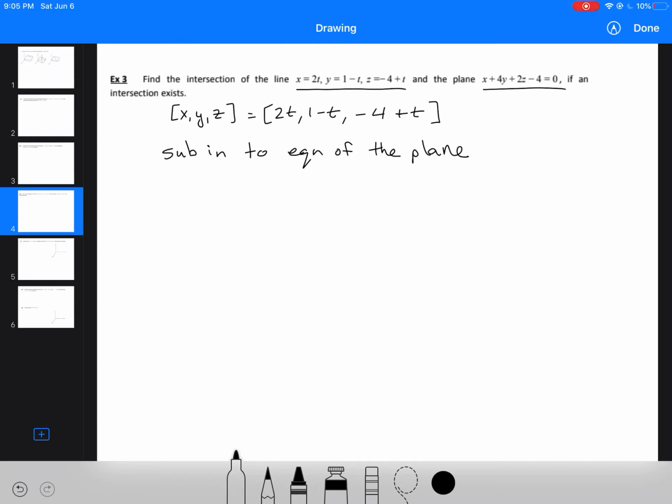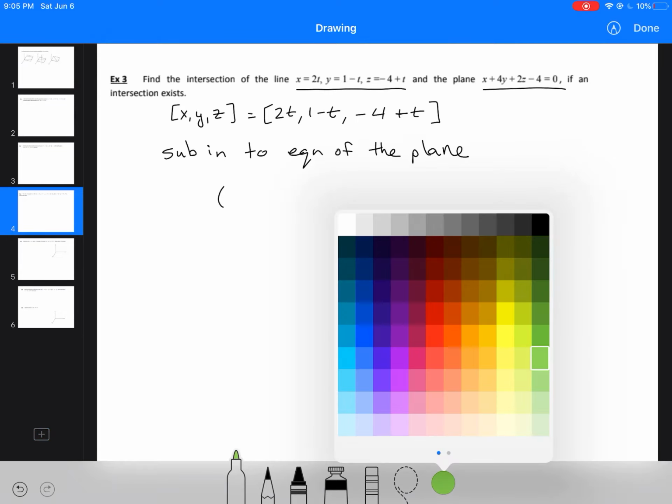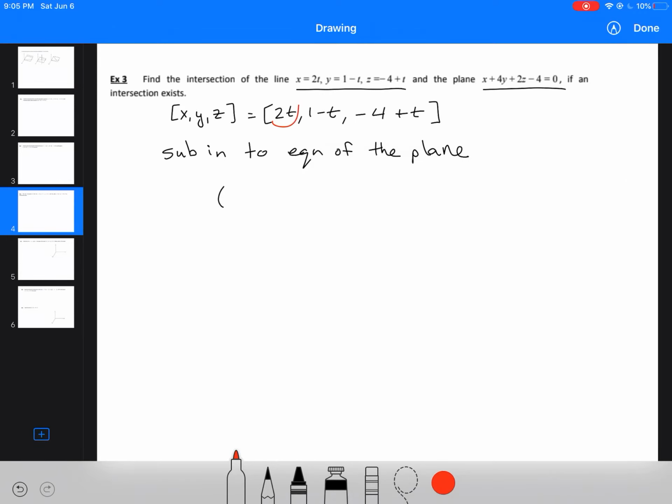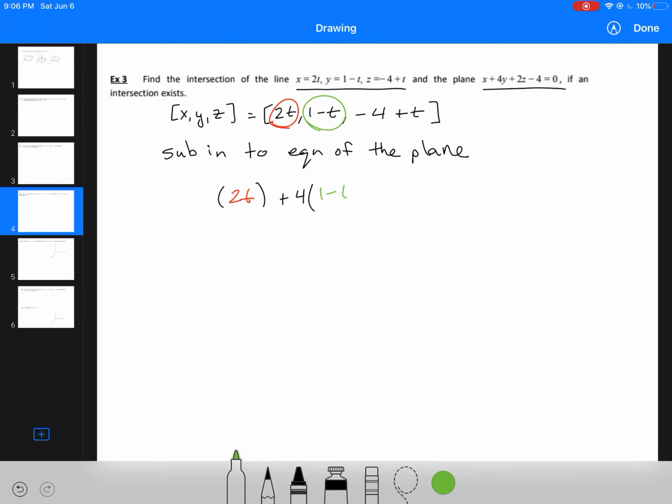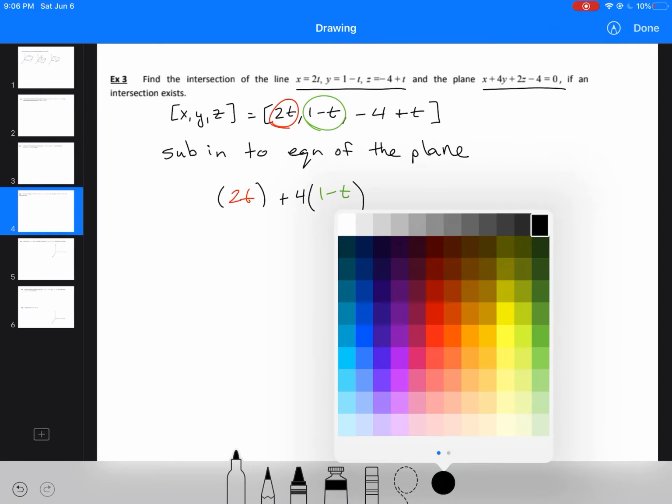So here we've got our equation of the plane. So x, I think I started with x being red. So we've got 2t from up here. Then we've got plus 4 times y, 1 minus t here.